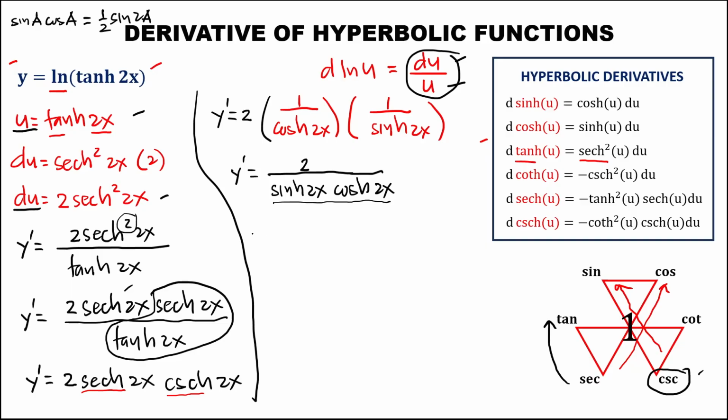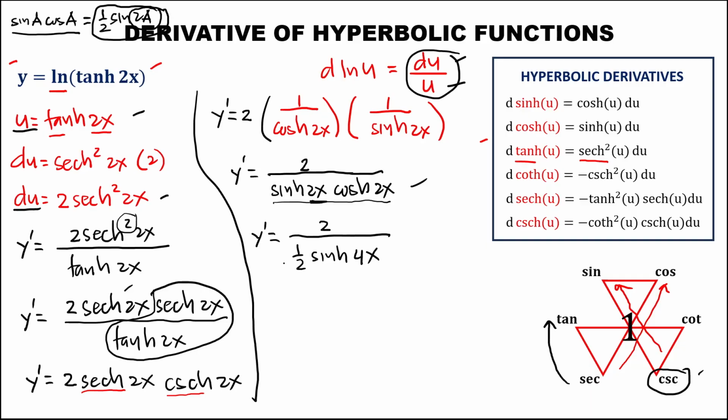So therefore this becomes y prime equals 2 over, for this denominator, using this identity, 1/2 times the hyperbolic sine of 2 times the angle. Since the angle is 2x, 2x times 2 becomes 4x.